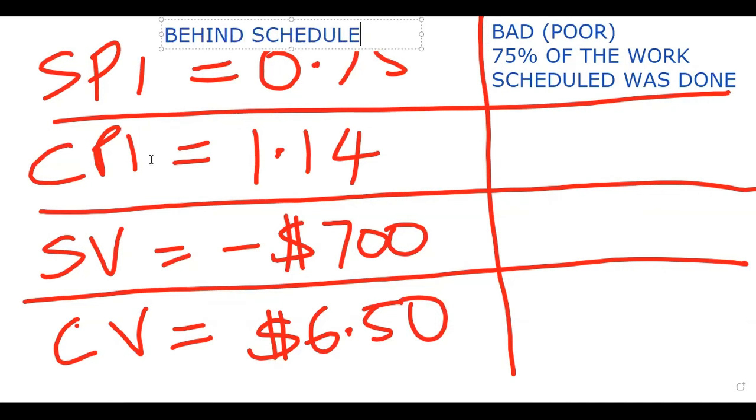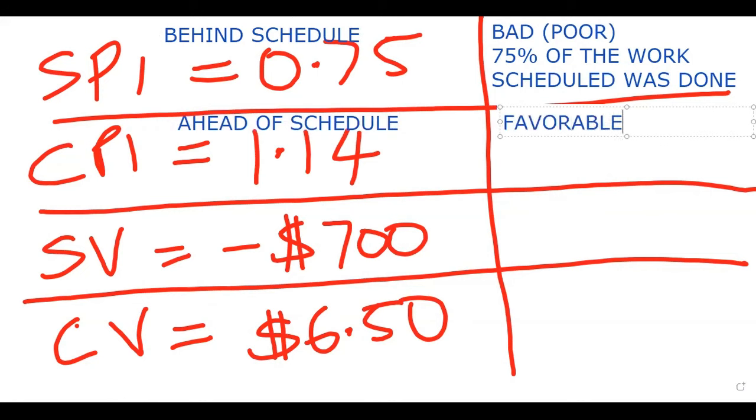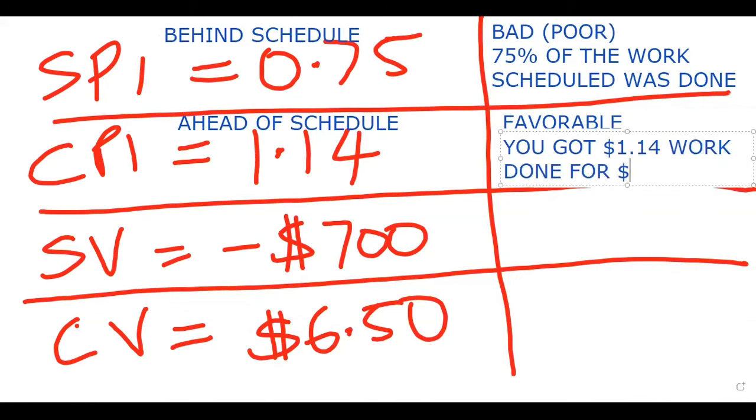What about CPI of 1.14? This means you are ahead of schedule, right? It's a favorable situation. And that means you got $1.14 of work done for $1.